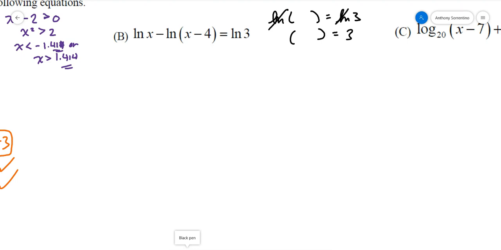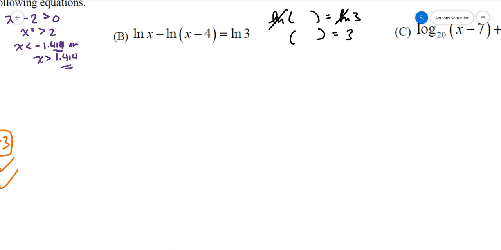That's if I only had a single logarithmic statement on the left and a single logarithmic statement on the right. I don't have that. I have 2 logarithmic statements on the left and 1 on the right, which means that for me to do this, I'm going to have to apply one of the properties.